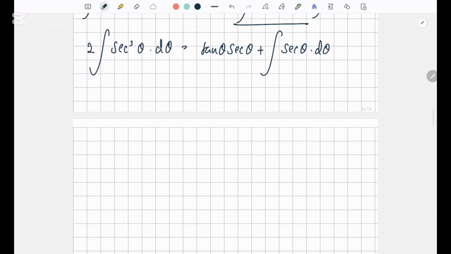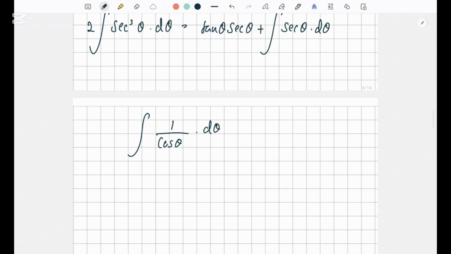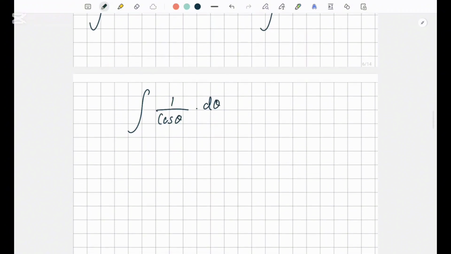So what's the integration of sec theta? You could write it as 1 over cos theta d theta. Now what I would say, the best method to solve this, you could write 1 as sine squared theta plus cos squared theta, right? So that you divide by cos theta.